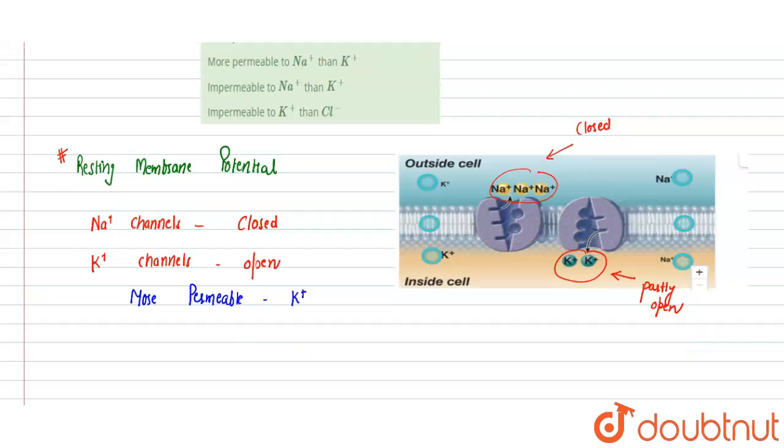But as the action potential is generated, the signal has to be transmitted across the membrane. In this case depolarization and repolarization occur.